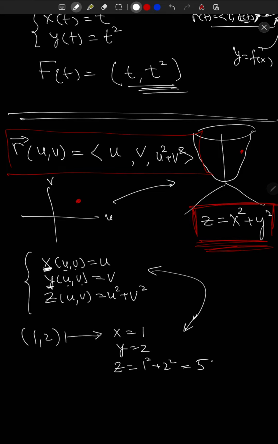So 5. Let's actually label this. That's 1, that's 2. That point goes to x, y, z, 1 comma 2 comma 5.